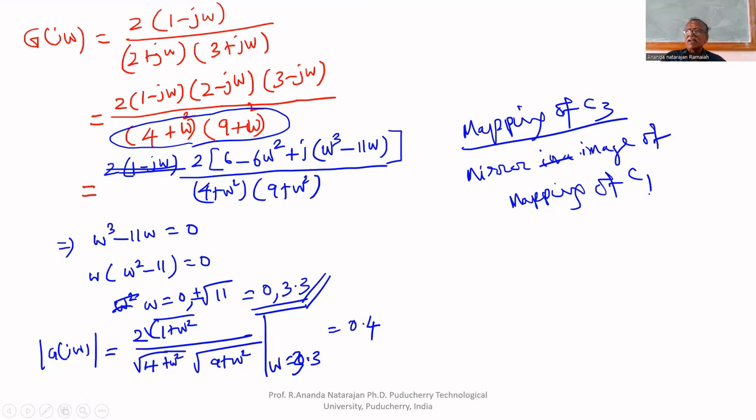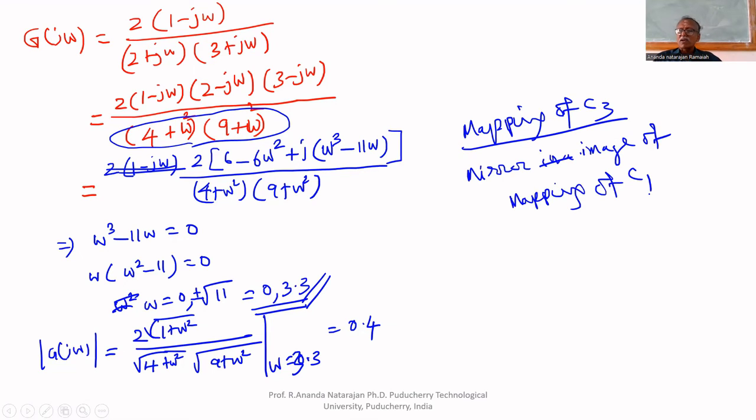So what is required? Only the polar plot is required. If you know the polar plot, you have to draw the mirror image of the polar plot. That's all. Mirror image of the polar plot, you will get the Nyquist plot. So the simplest way to remember the Nyquist plot is, first we have to draw the polar plot as omega varies from 0 to infinity.